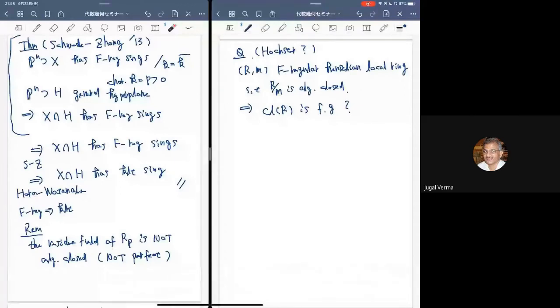The answer to this question is yes if the dimension of R is less than or equal to 3. The dimension 2 case is classical.